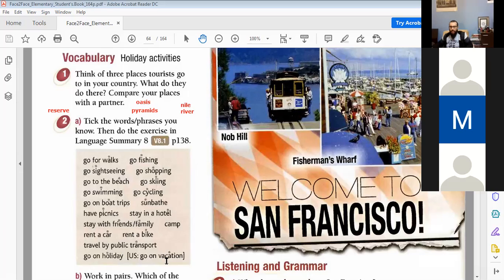You can also say go on vacation. Maybe vacation is more common in American English, but it's the same. Holiday, vacation, it's the same thing. Okay, now let me take you to the exercise. Let's take a look. So here we are, exercise 1.